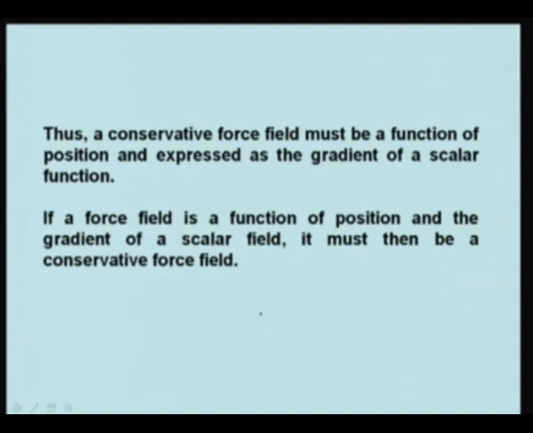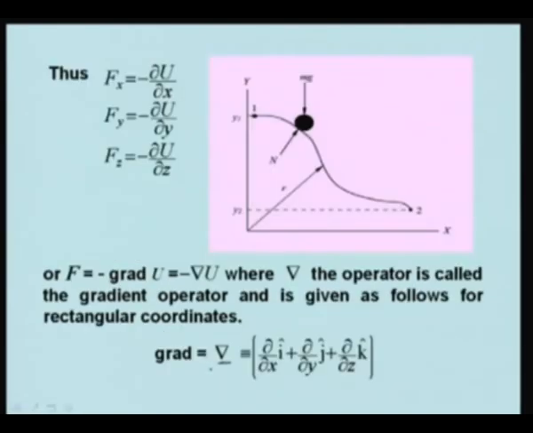Now, in some books it will be shown that for a conservative force field, curl F is equal to 0. Curl F of a vector is basically del cross F, where the del operator has been defined here.